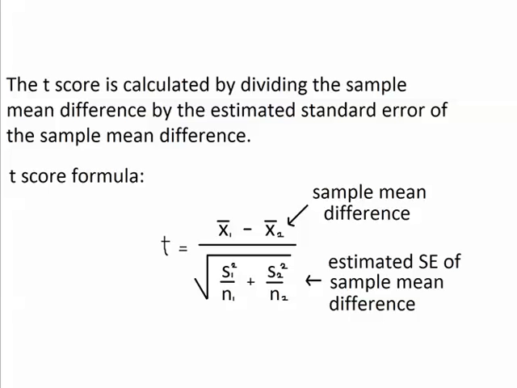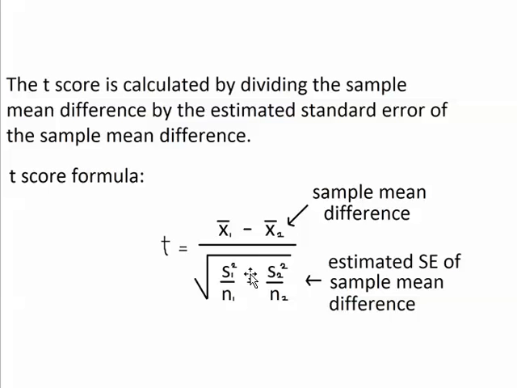The bottom of the t-score is called the estimated standard error of the sample mean difference. This is actually a value that tells you how accurate the sample mean difference is likely to be. Remember how a standard error measures accuracy or how accurate you expect your outcome to be?